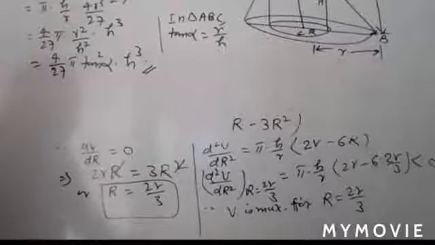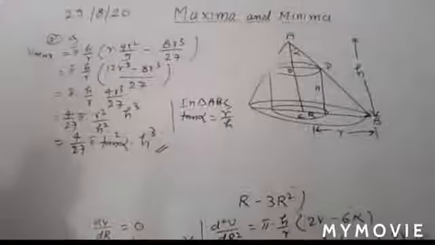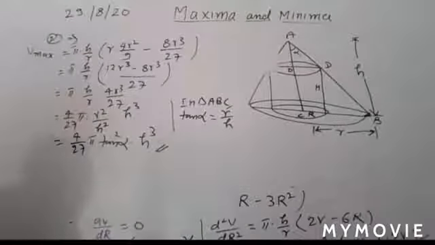If the length of three sides of a trapezium other than the base are equal to 10 centimeter, find the area of the trapezium when it is maximum.